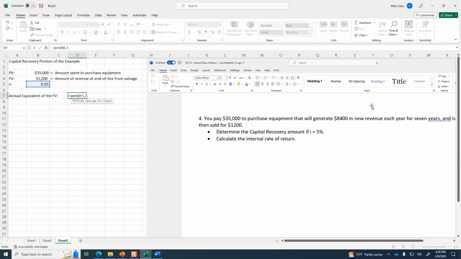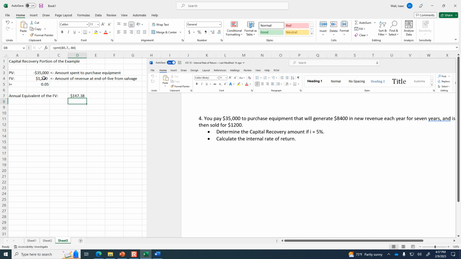Next, it's asking me what is the present value. Well, that's not what we're talking about right now. We're talking about a future value, so I'm going to skip over that. And then the minus of the future value, because I want to know the annual equivalent of the future value.